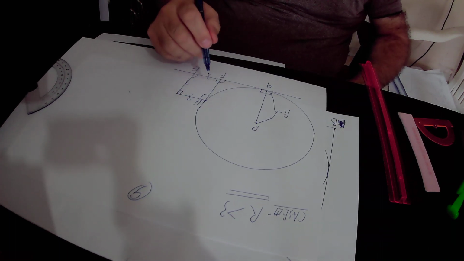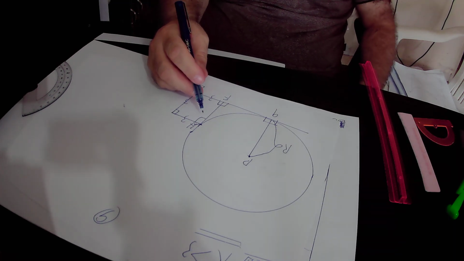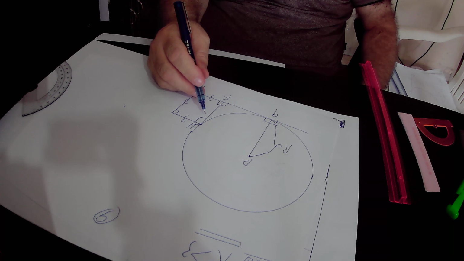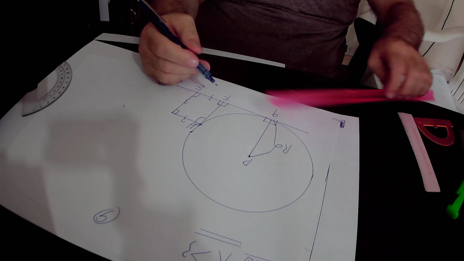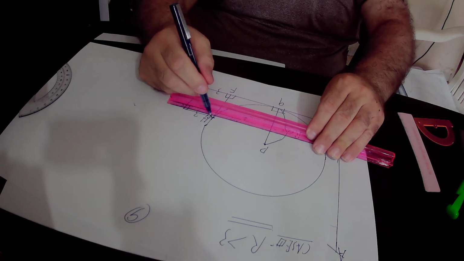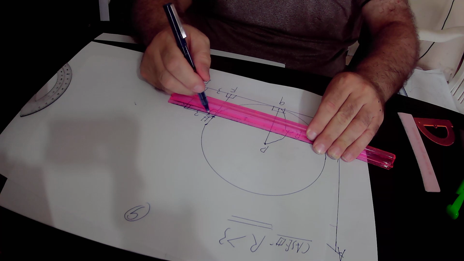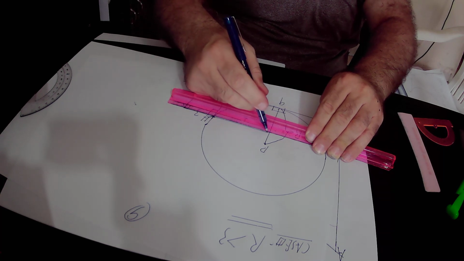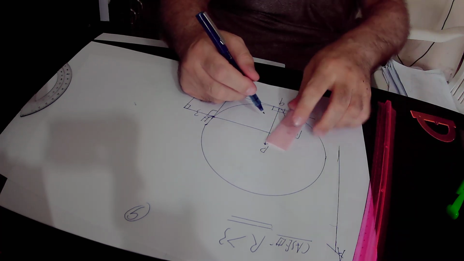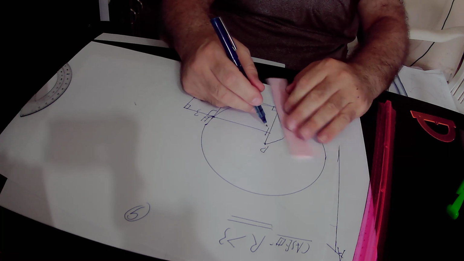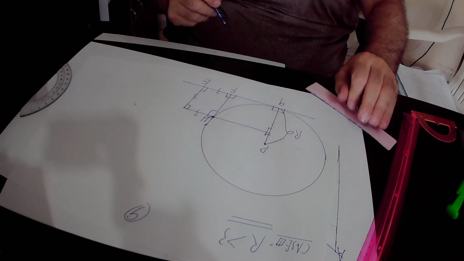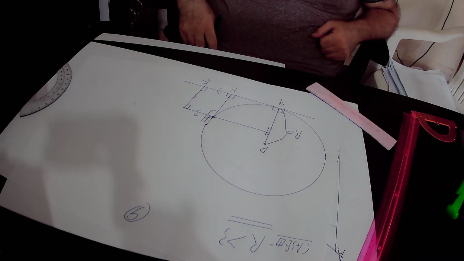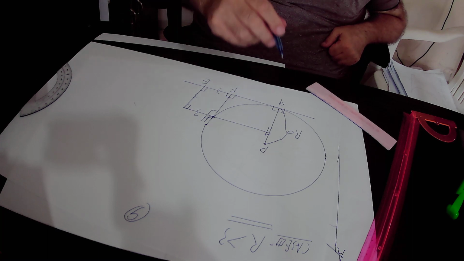Here from point H, we'll draw a perpendicular on the radius PQ. Repeat again, from point H, we'll draw a perpendicular on the radius PQ. So here this angle equals 90 degrees, and this angle will also equal 90 degrees according to our construction. We define the touching point of the perpendicular from point H and PQ as T.